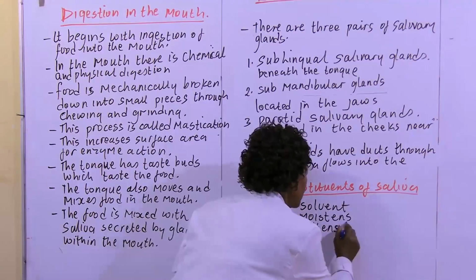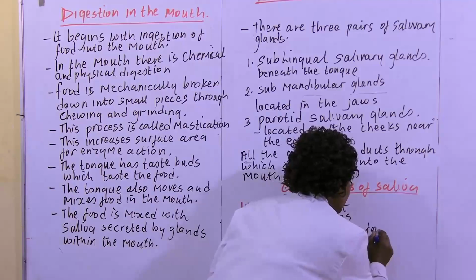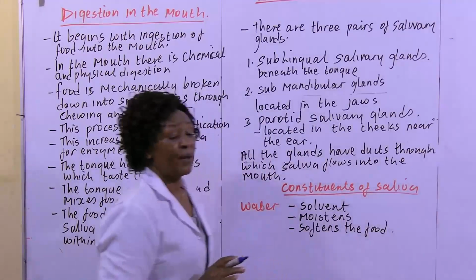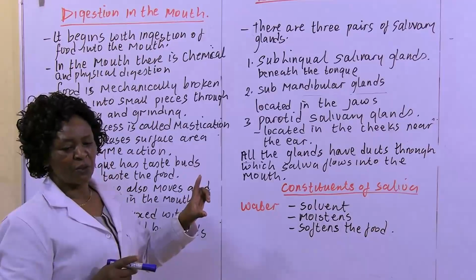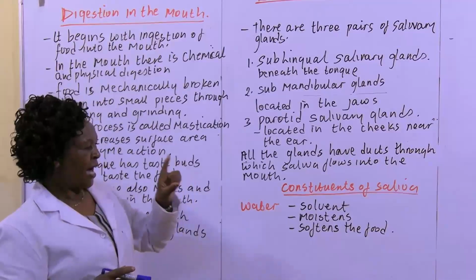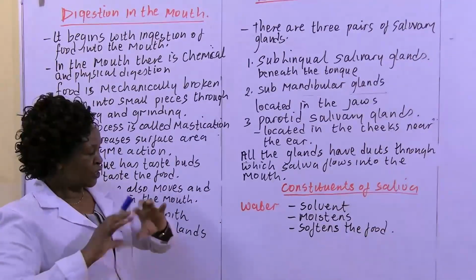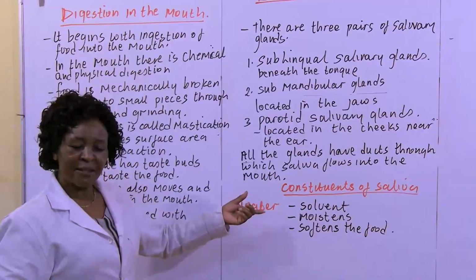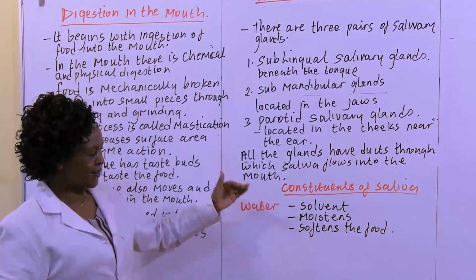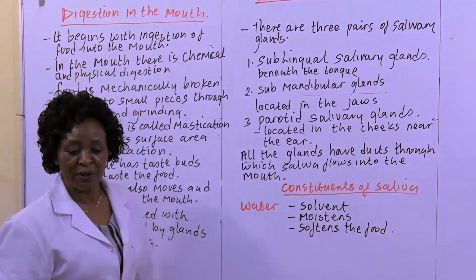So saliva contains water. The water acts as a solvent, dissolving the food. Then it will moisten this food and then also soften the food.